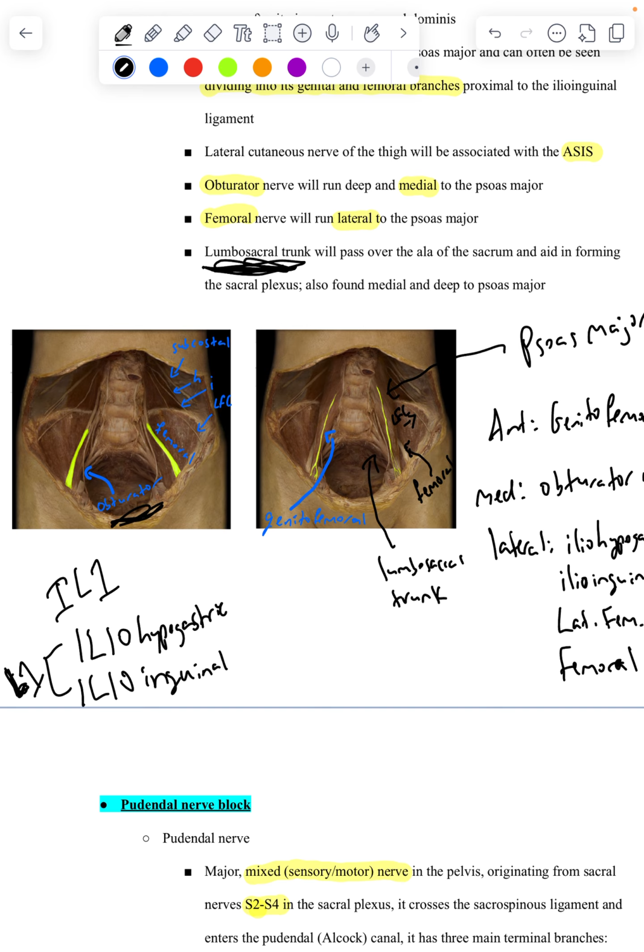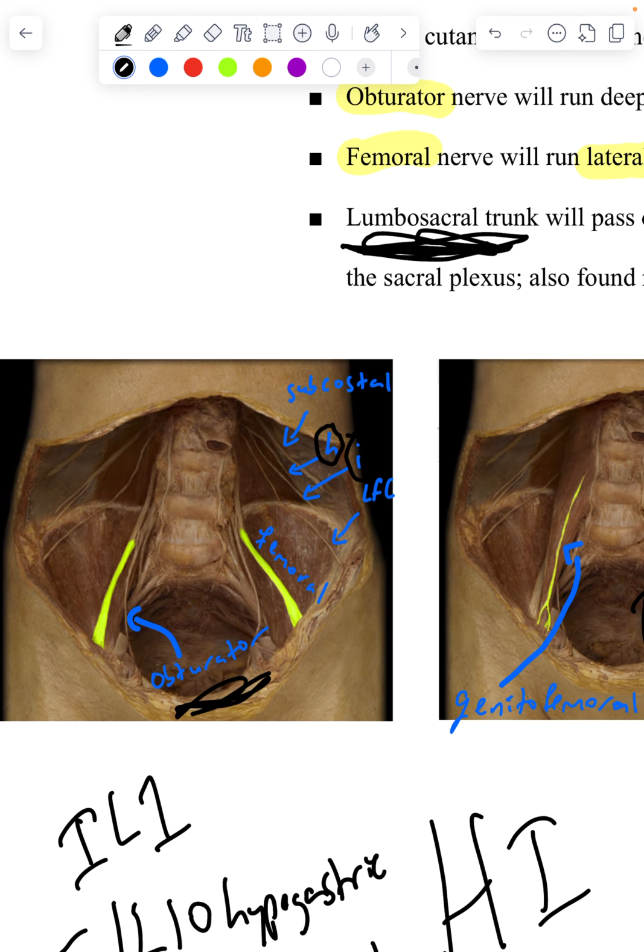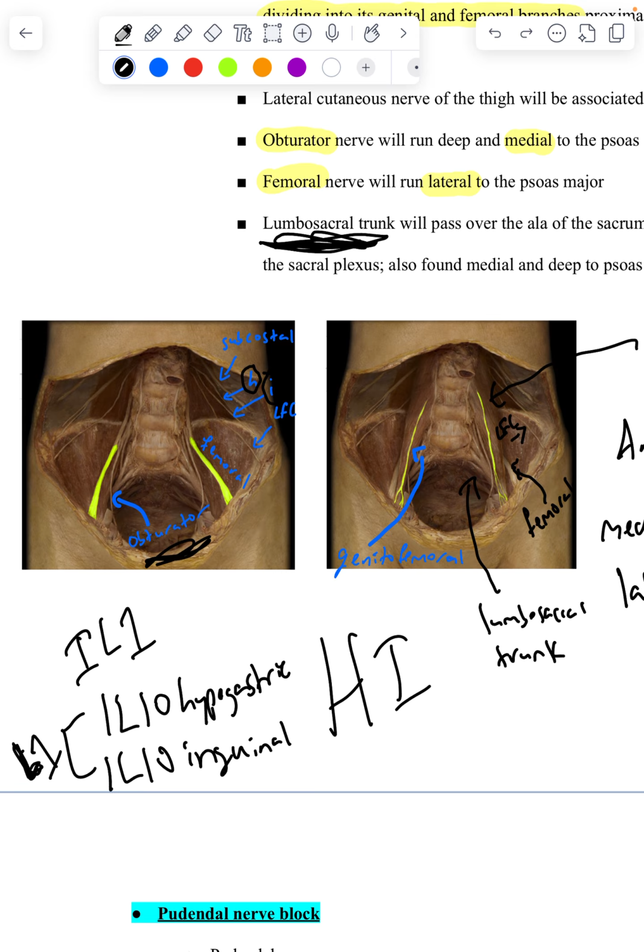To remember which one goes first, just remember H comes before I. So the top one will be your hypogastric, iliohypogastric. The lower one is your ilioinguinal. Now, this one is technically not a lumbar nerve. It's called subcostal. And if you think of the name subcostal, sub means bottom. Costal is like your ribs. So we're thinking thoracic range.